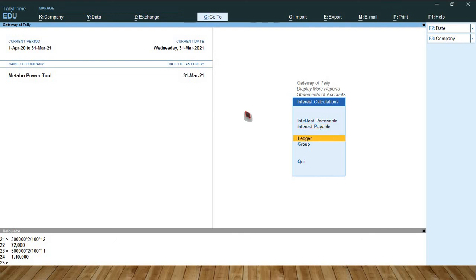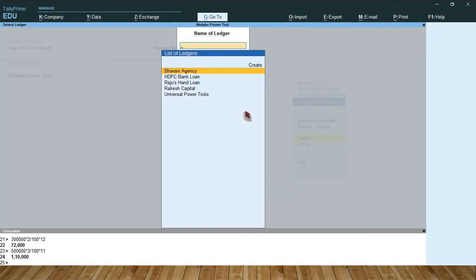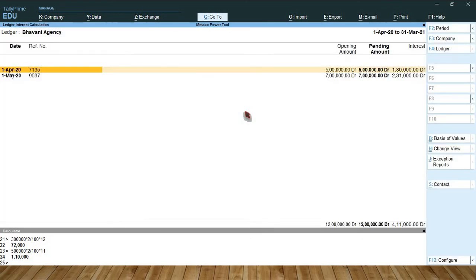See here, select ledger wise, Bhavani Agency. But here it is showing only 12 lakh. The 4,11,000 is not included in the Bhavani Agency ledger. Because of this, you have to pass debit note and credit note vouchers.